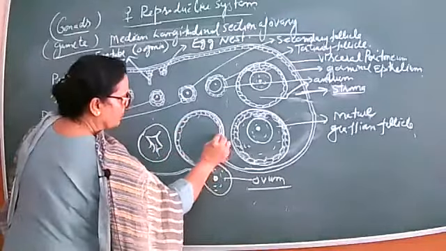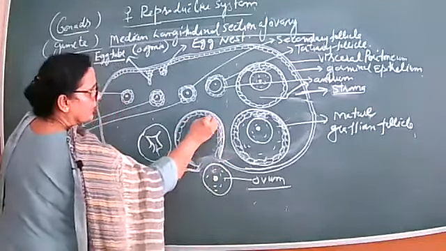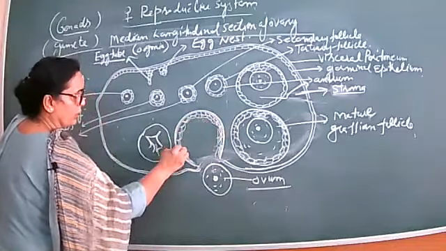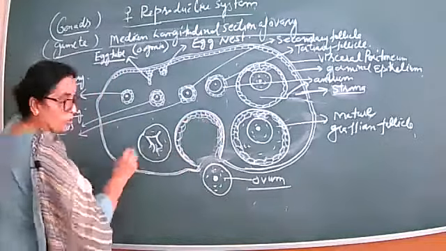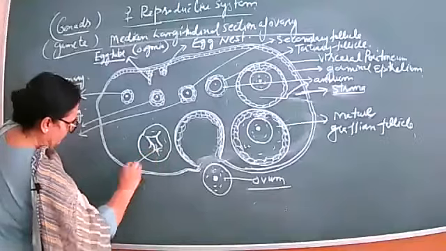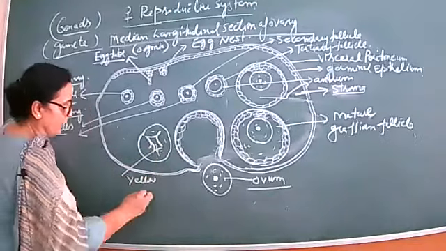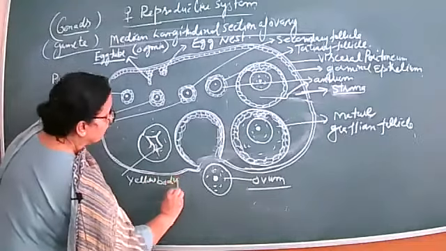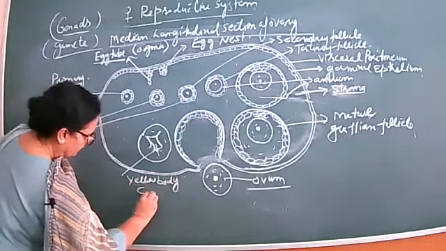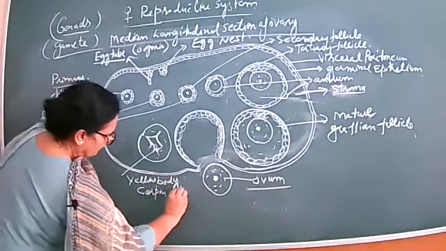So what is this corpus luteum? Nothing but the degenerating follicular cells. This is also known as yellow body because it is yellow in color. Yellow body, corpus luteum.